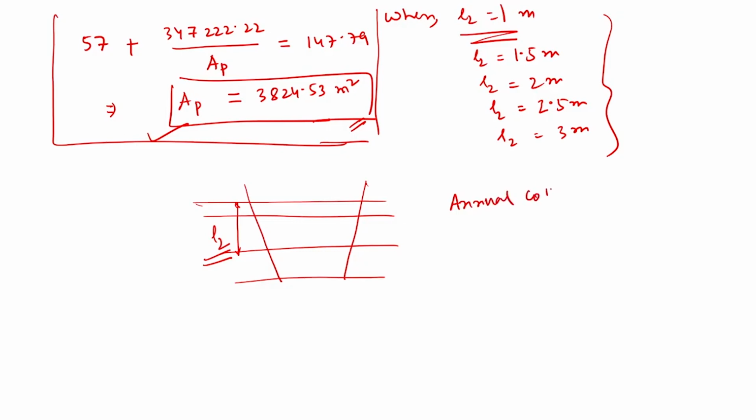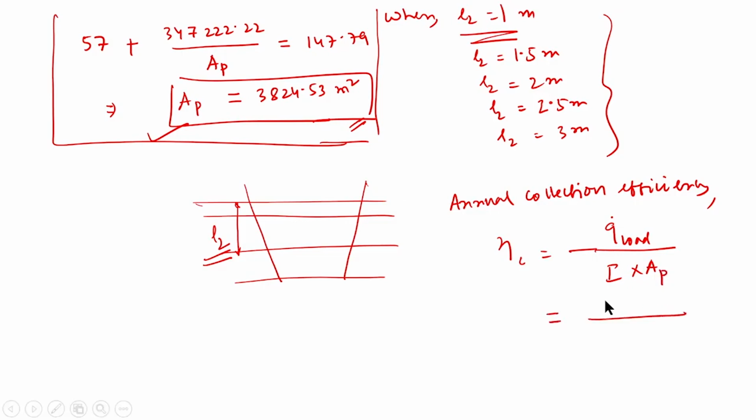Annual collection efficiency can be expressed as eta C equals Q load divided by I into AP. Since we know the optimum values, maybe for L equal to 1 or 2 or maybe 3, then we can see what will be the value of annual collection efficiency.